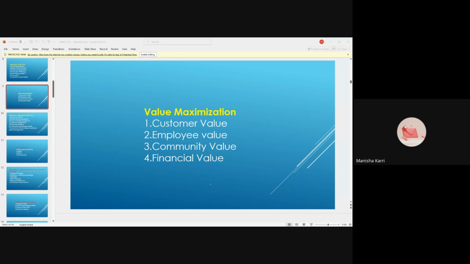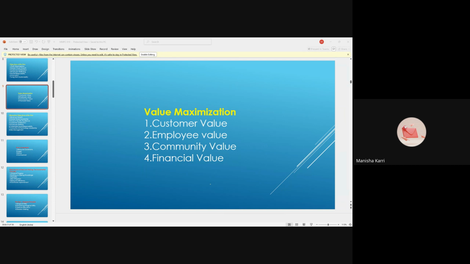Okay, next one is employee value. The same bakery treats its employees well, paying fair wages and providing a supportive work environment. This leads to happy employees who are motivated to deliver great service. So here value maximization is applied to the employees also.